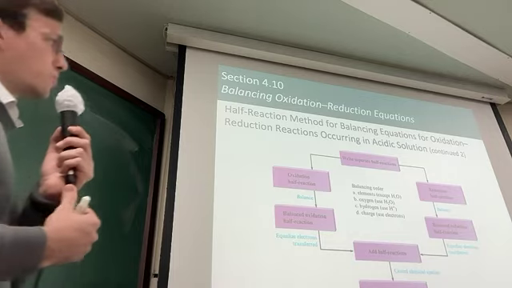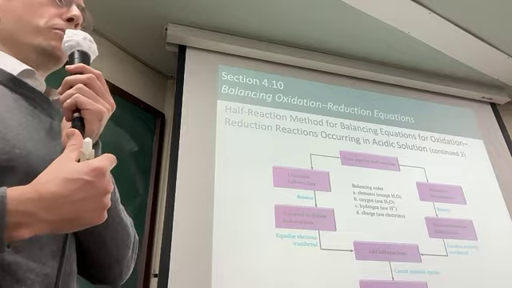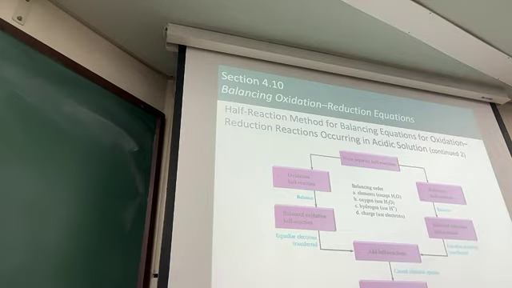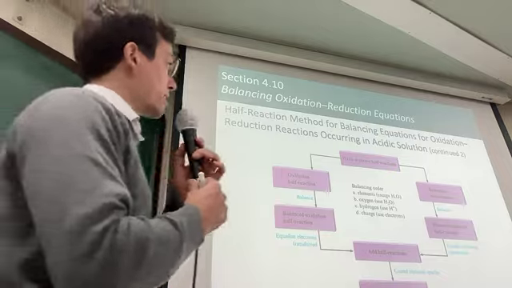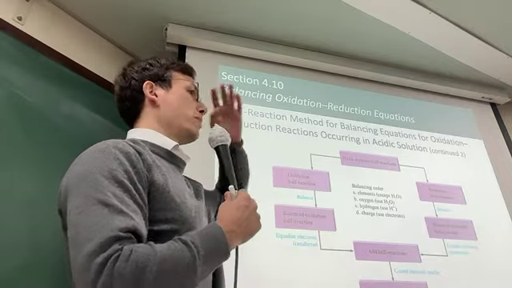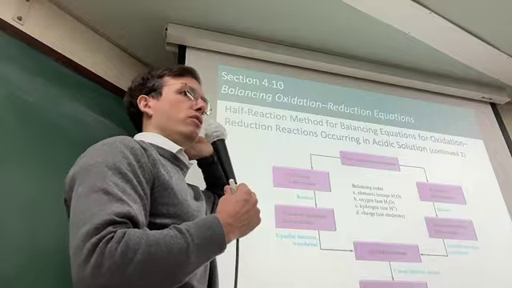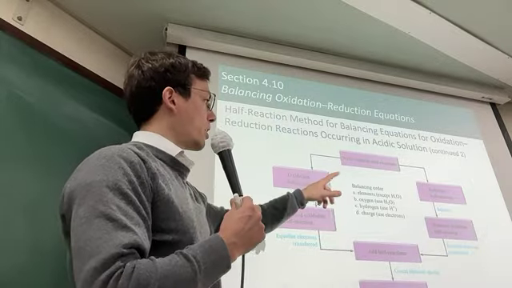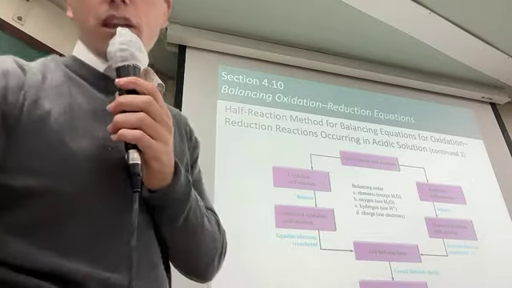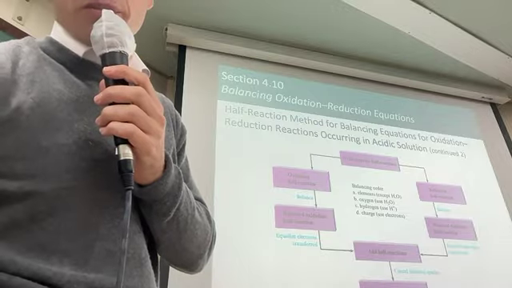And that helps us to balance these equations a little bit, because it can be a bit tricky sometimes to balance them. By splitting them, we will introduce explicit electrons into the chemical equation. And then we have to just make sure that the electrons are the same. So let's do some example for that today.